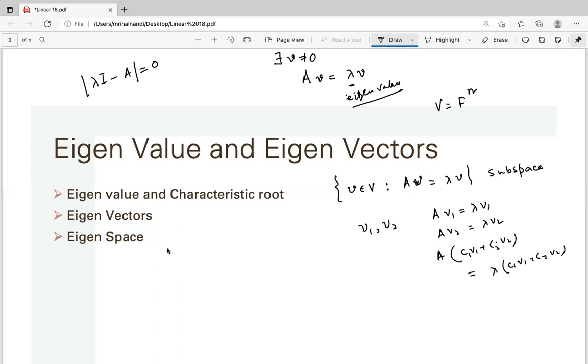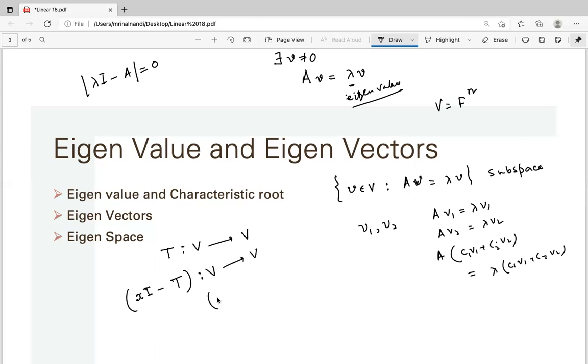Now, for any general T, a linear operator, not only a linear transformation, we can take an analogous definition.